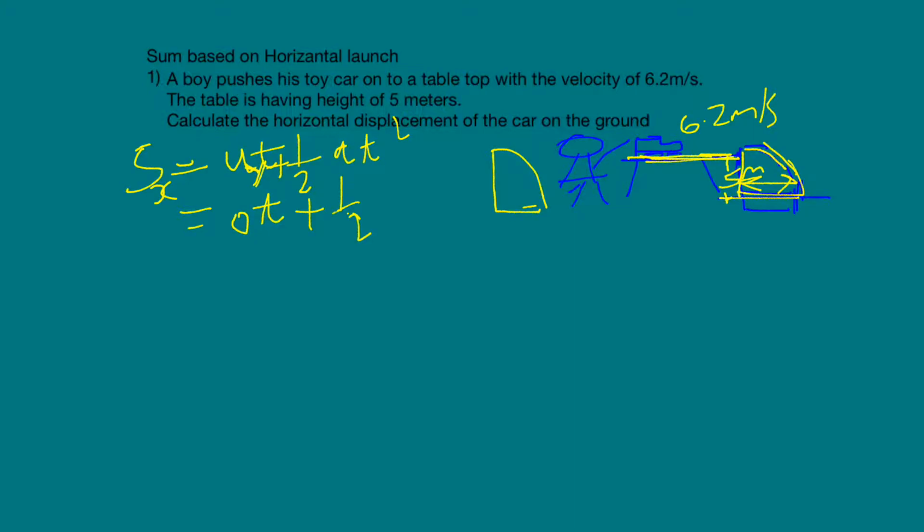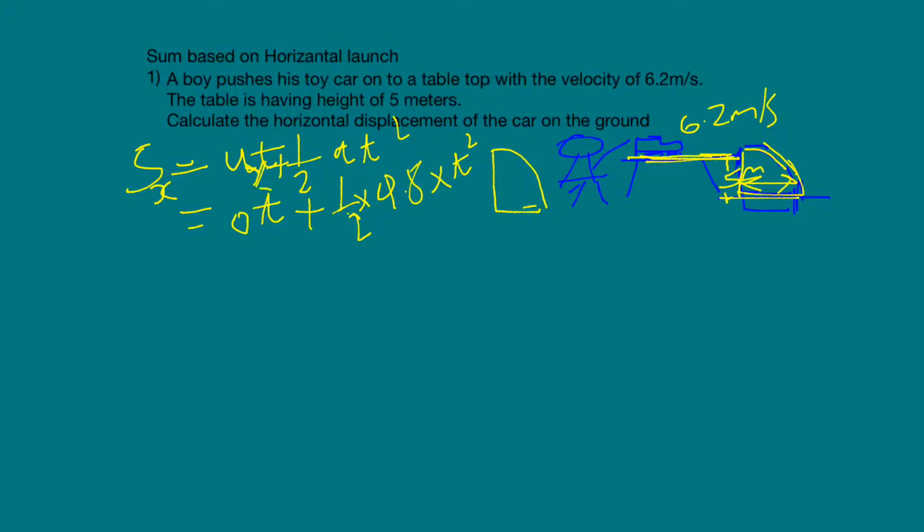But here, as it is moving towards gravity, we take plus 9.8 meters per second square, into t square, time square, which we want to find out.